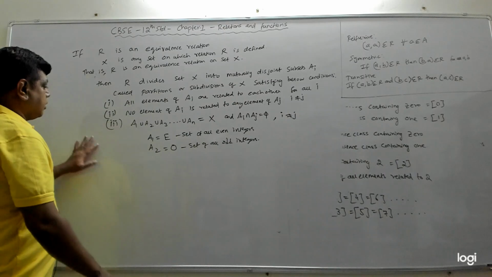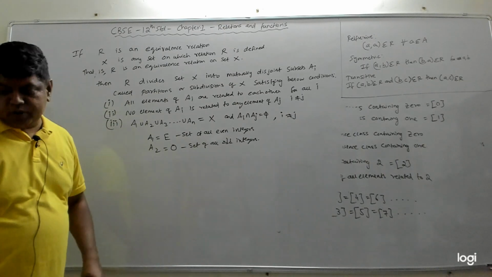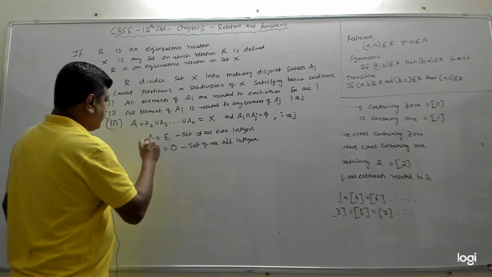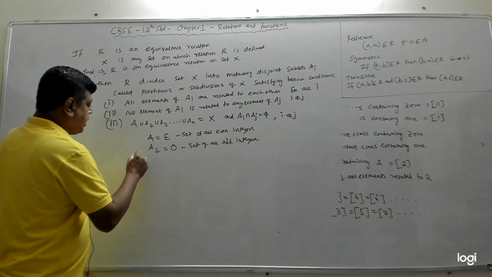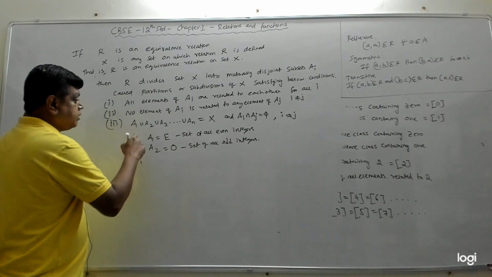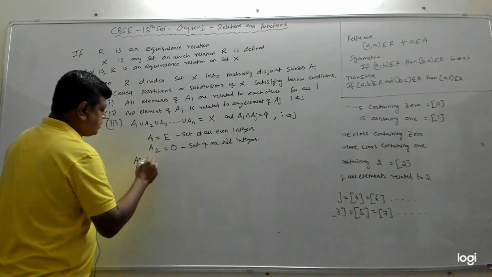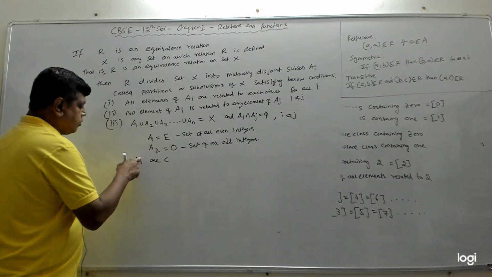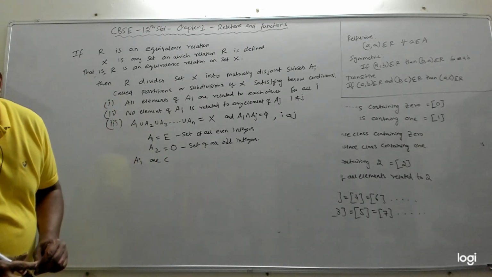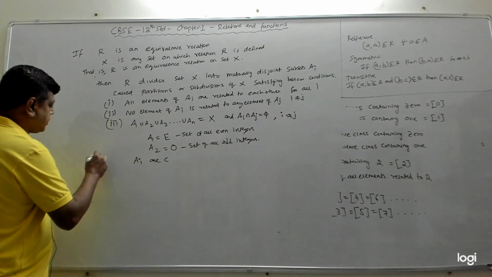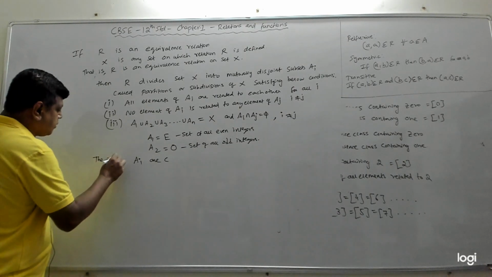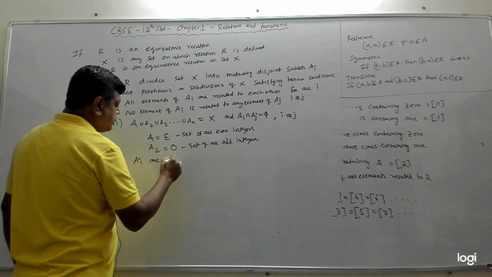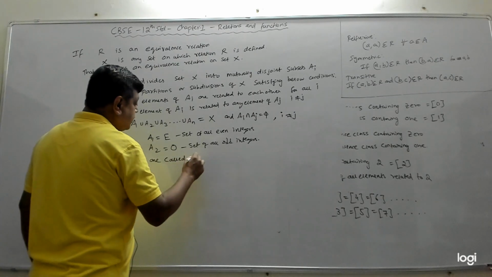And these Ai's, the subsets Ai, they are subsets of obviously X. The subsets Ai are called equivalence classes.